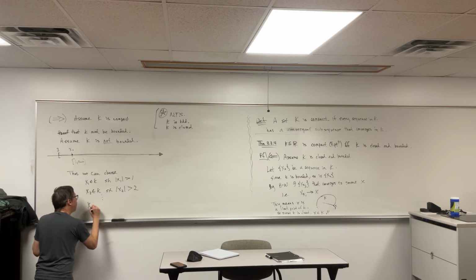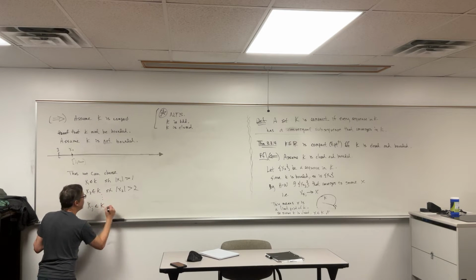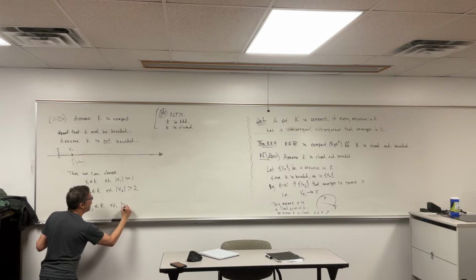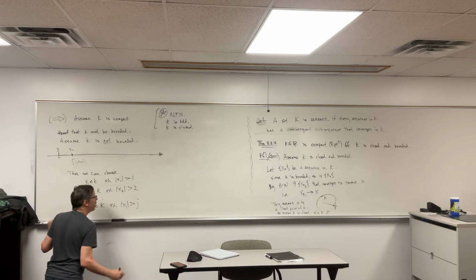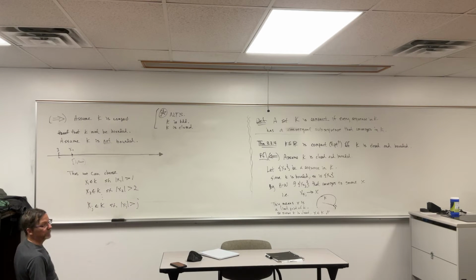We can choose an x sub j in K such that the magnitude of x sub j is bigger than j. Because if I couldn't, it must have been bounded, and I lied. But we don't lie in math. We try not to lie.